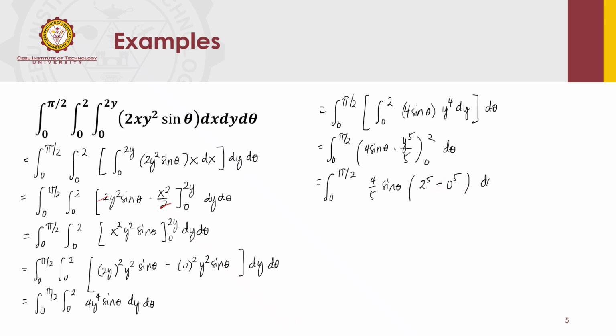We evaluate with theta later. Simplifying, 2 to the power of 5 is 32, over 5 times 4, 32 times 4 is 128. So that's 128 over 5 sine theta d theta.